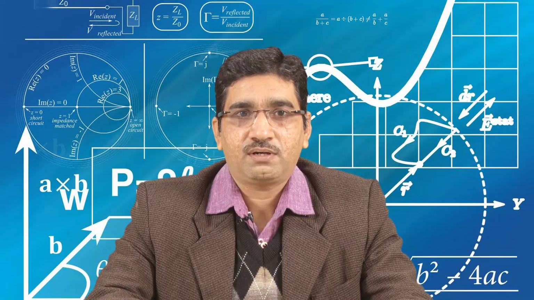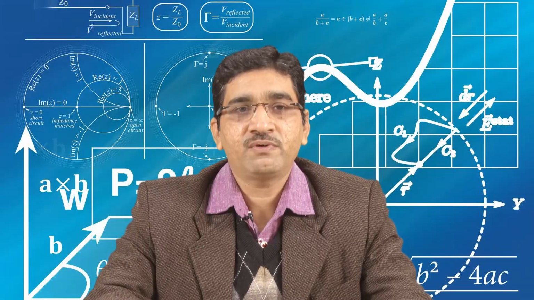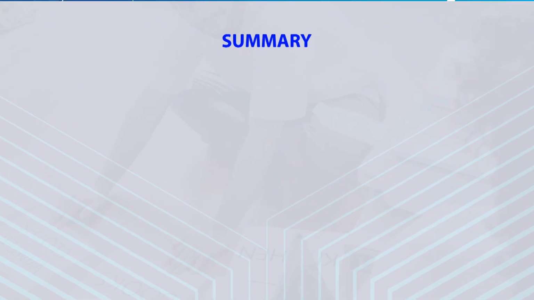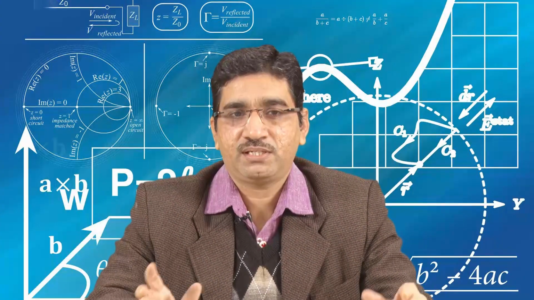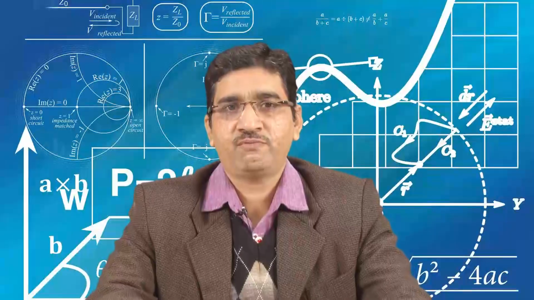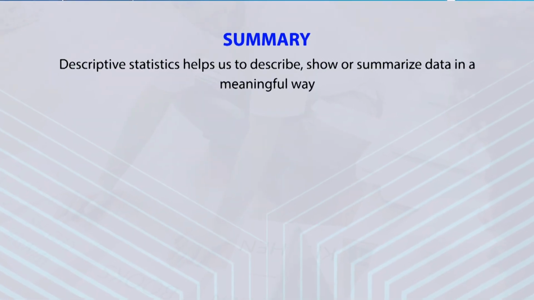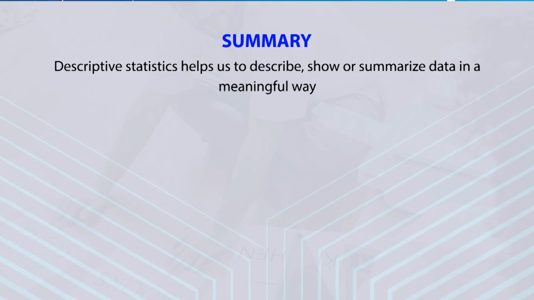So, learners, now we should summarize what we have discussed in this session. We have discussed that descriptive statistics help us to describe, show or summarize data in a meaningful way.